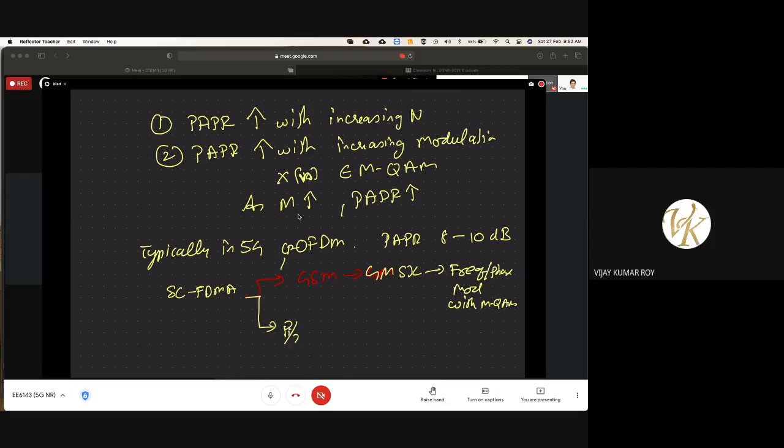Pi by 2 BPSK with SC-FDMA looks approximately like phase modulation, you can do the math. That's why it has a lower PAPR. Actually, the motivation for pi by 2 BPSK with SC-FDMA came from GMSK phase modulation. There's something called the Laurent approximation. So both of them look the same.